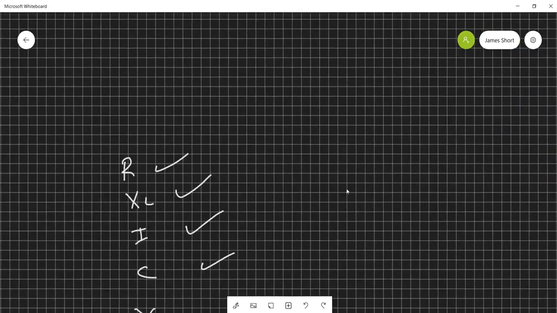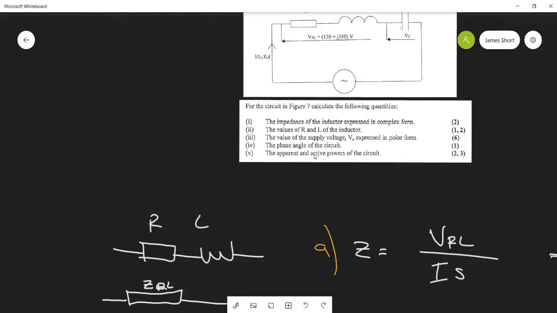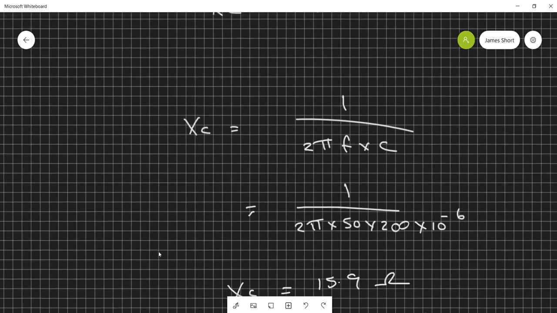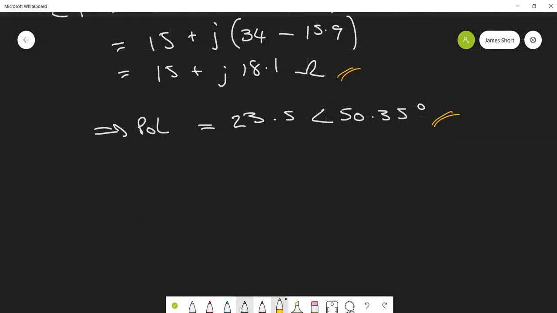Now what we're going to be asked for, the supply voltage, that's what we were doing. We've got the total impedance, and now we need the supply voltage.